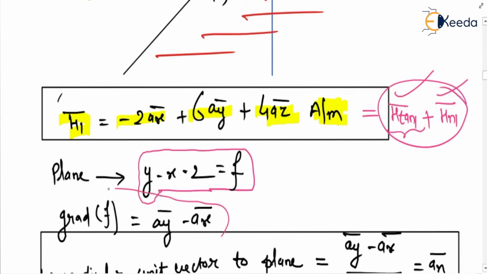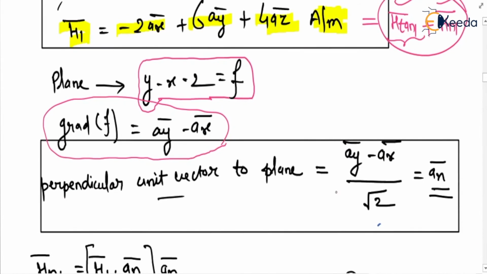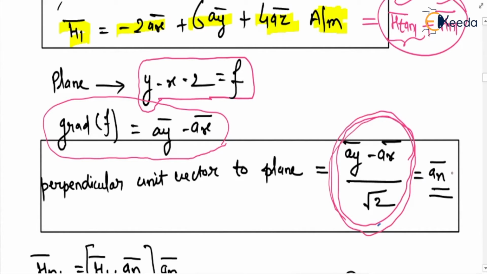We will calculate its gradient, and the gradient is ay minus ax. So the perpendicular unit vector to the plane is ay minus ax by root 2, because the gradient is always perpendicular to the plane, that we already know, and this is the normal vector an.